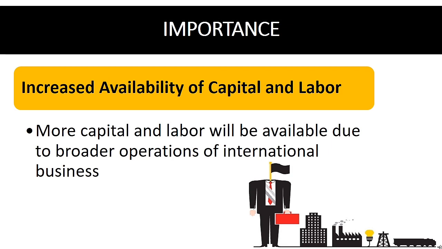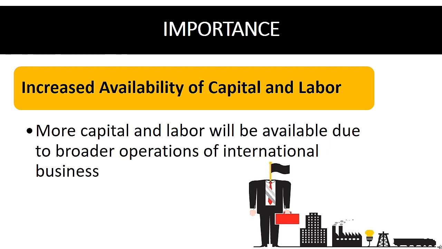In terms of labor naman, if the business organization is in the international market, labor is also widely available. I would like to set as an example the term brain drain. This is the economic situation where a certain country experiences a deficiency in experts.